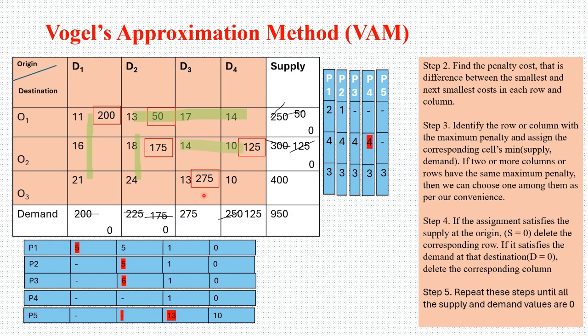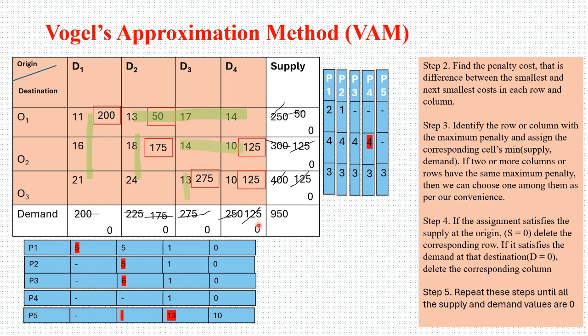Hence assigned value is 275. 275 minus 275 is 0 and 400 minus 275 is 125. Demand is 0, so delete the column. Now, only this cell is left. Corresponding supply and demand are 125, so assigned value is 125. 125 minus 125 is 0. As both demand and supply are 0, the row and column are deleted.